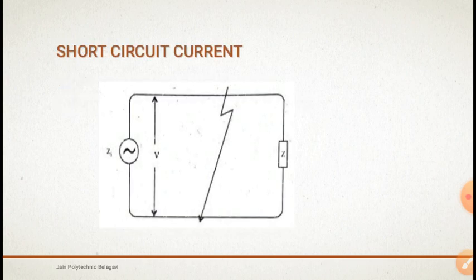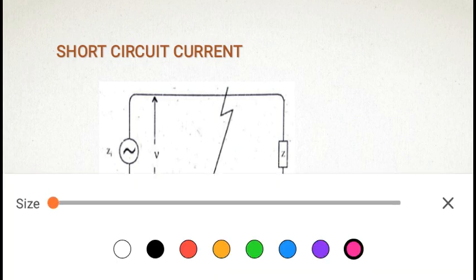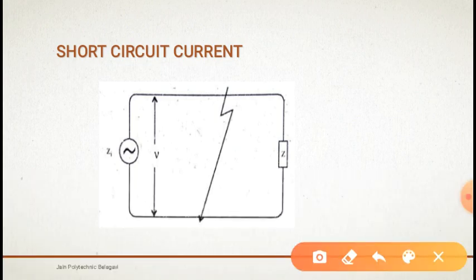Before moving to the importance of short circuit current, we should know what is the meaning of short circuit current. Actually, it was explained in the previous video, but I would like to give a brief introduction. You can see one picture here. In that picture, the load impedance Z is connected to the circuit.